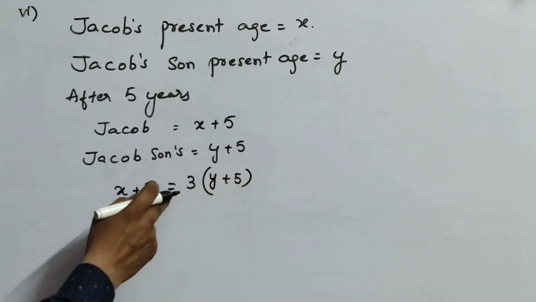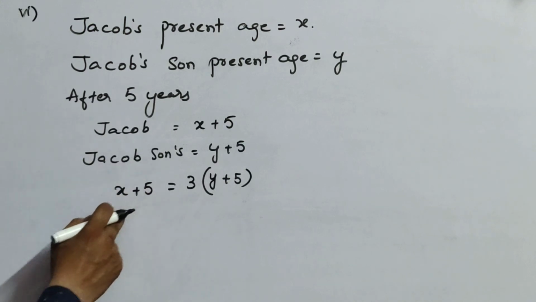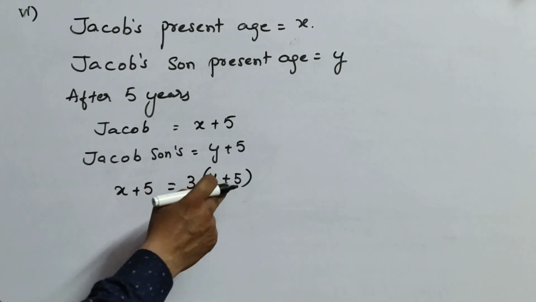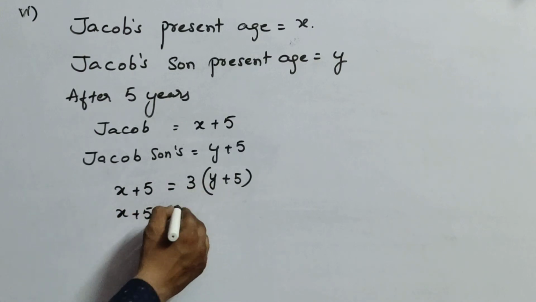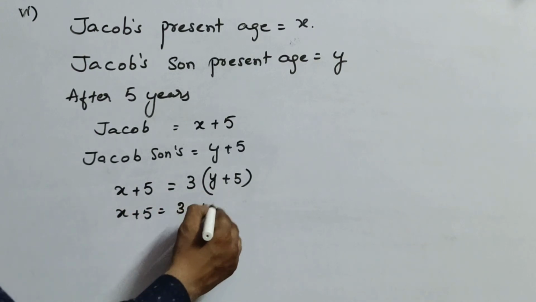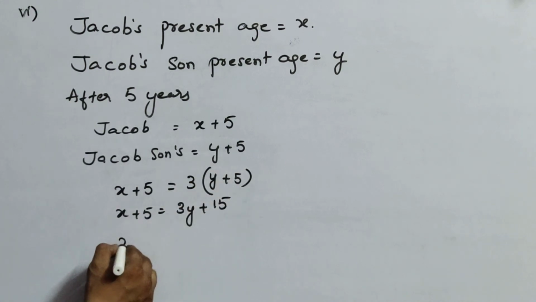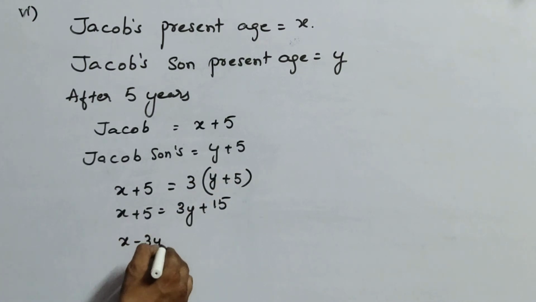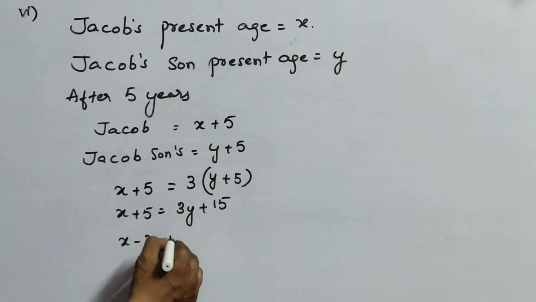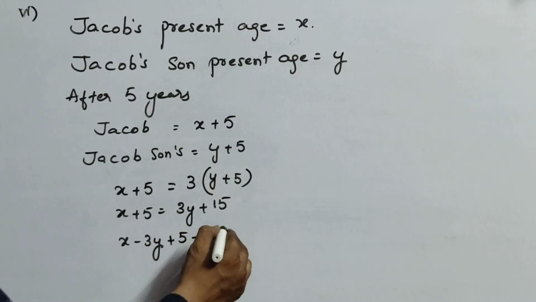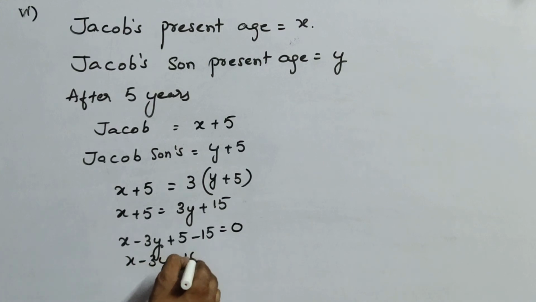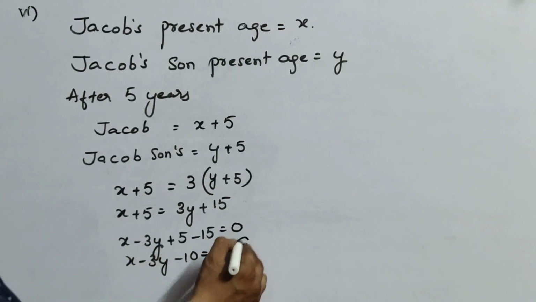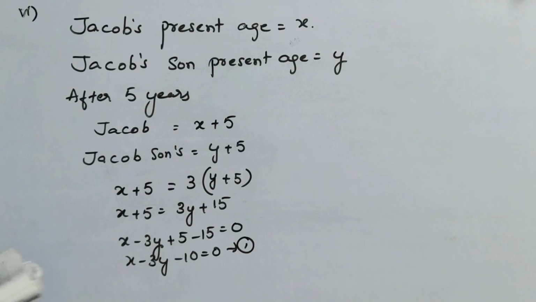So x plus 5 equals 3 into y, 3y plus 3 5s are 15. So x minus 3y plus 5 minus 15 equals 0. So x minus 3y minus 10 equals 0. That is equation 1.